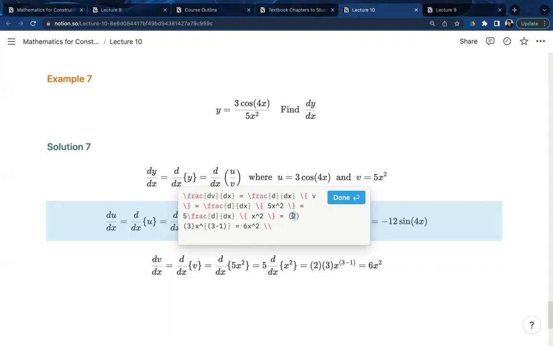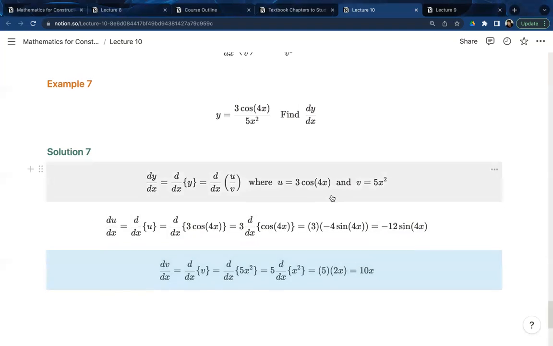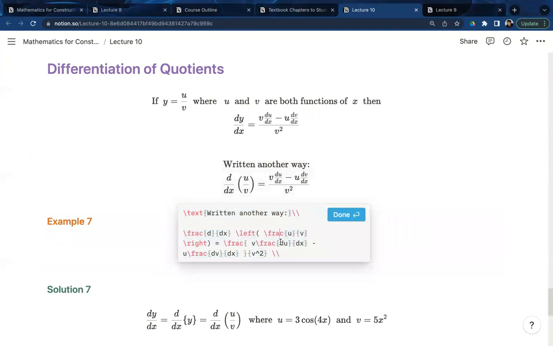And this is 5 by 2x. Not so bad. That's 10x. That's the denominator derivative, right? 10x is the answer. So now I have this formula here.